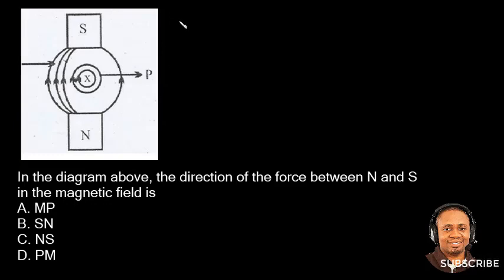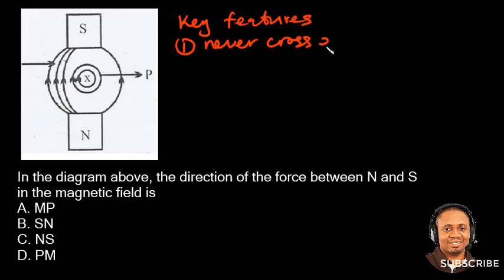First, I would like us to pay attention to some key important features that this diagram depicts. The first one is that the magnetic field lines never cross each other.